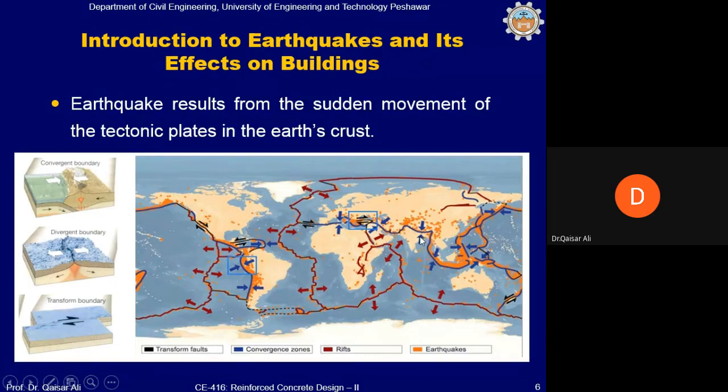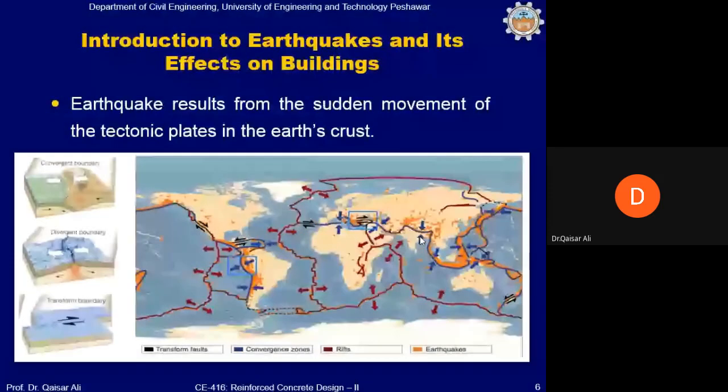While they are locked against each other, strain energy is stored in the crust, and when there is a sudden rupture of the crust at any location, particularly at the fault locations, the energy is released in the form of earthquake waves, causing movement of the ground.